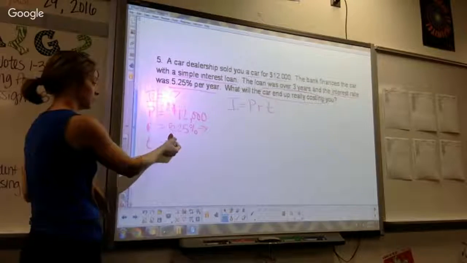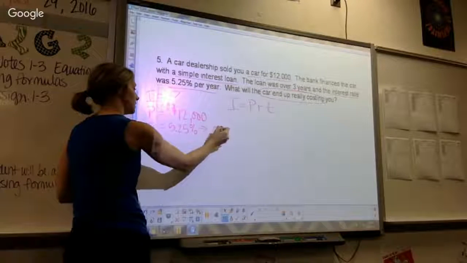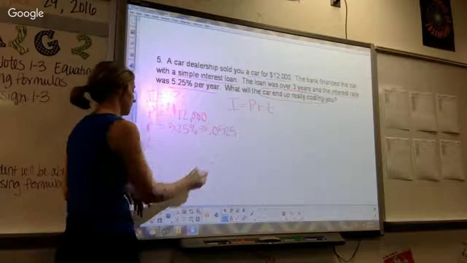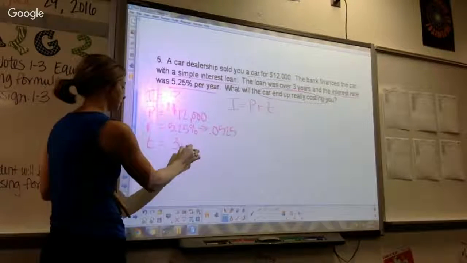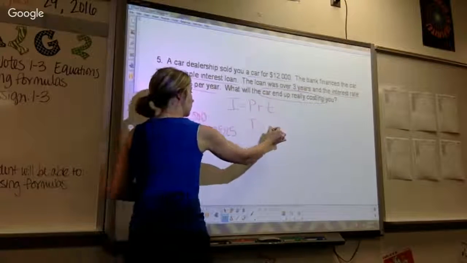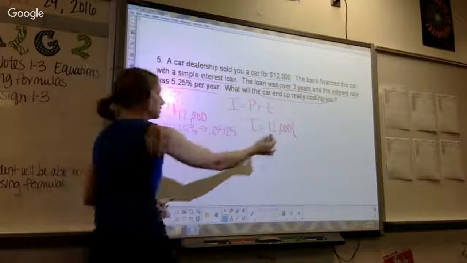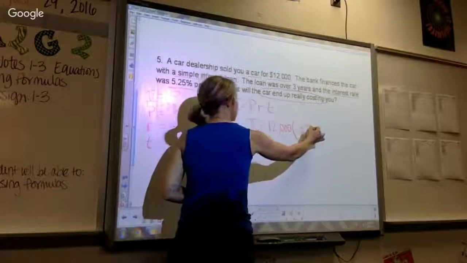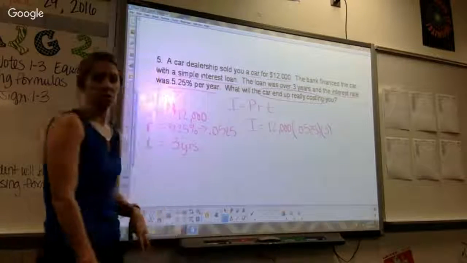So move the decimal 2 places to the left, or divide by 100, you should get 0.0525. And then your time, it's 3 years. So plugging in, would be 12,000 times your rate, which is 0.0525, and then your years, time is 3 years.